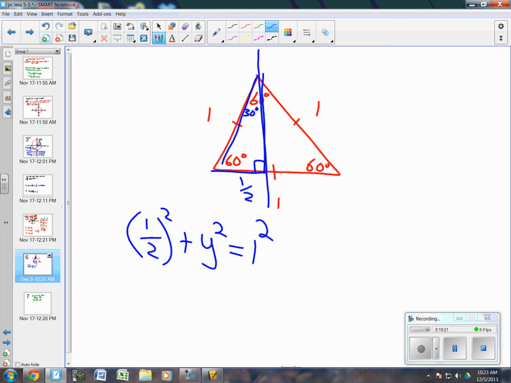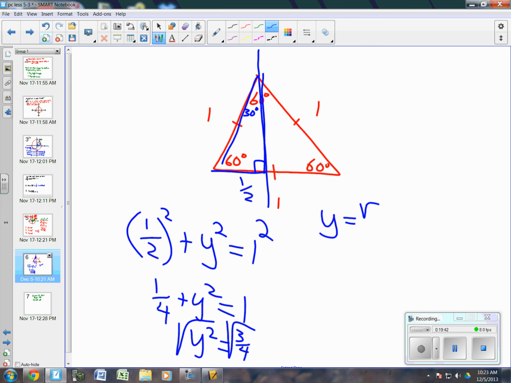Well, 1/2 squared is 1/4, and 1 squared is 1. Minus 1/4 from both sides, we get y squared equals 1 minus 1/4, which is 3/4. Take the square root of both sides, and I get y equals the square root of 3 over the square root of 4. What is the square root of 4? 2. So square root of 3 over 2.